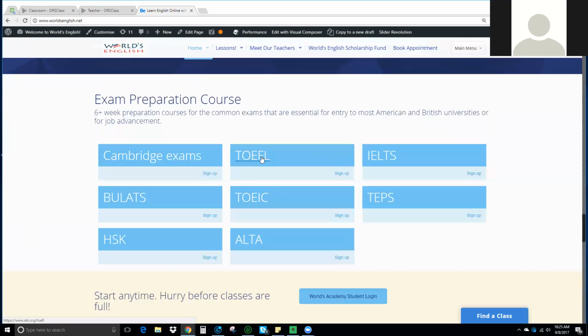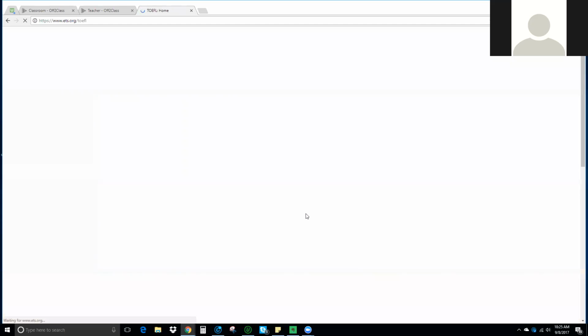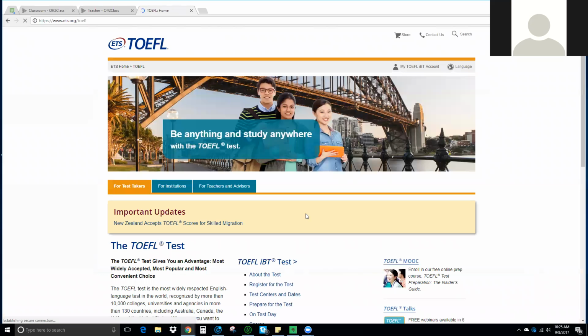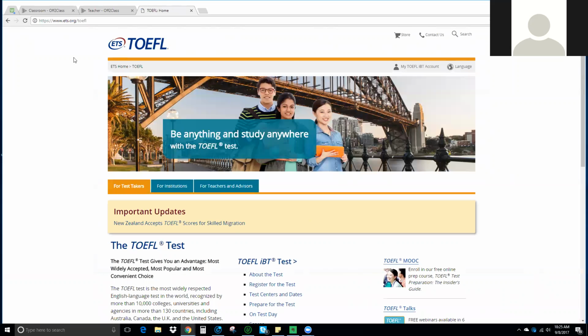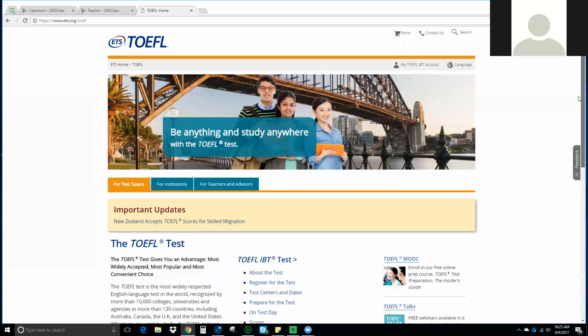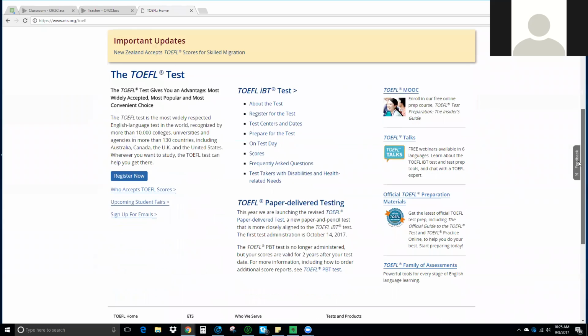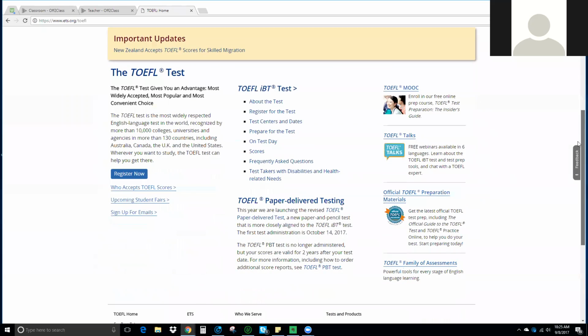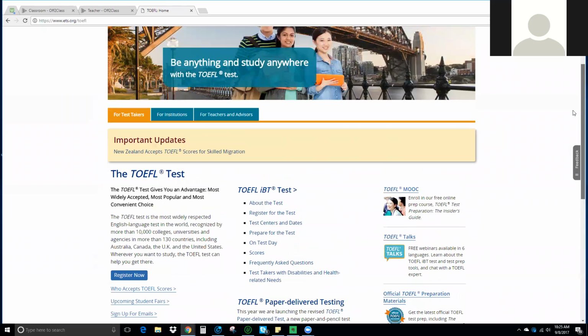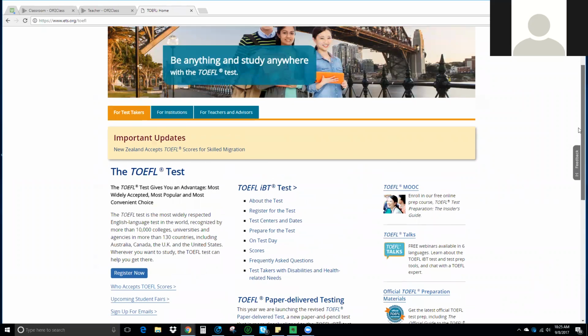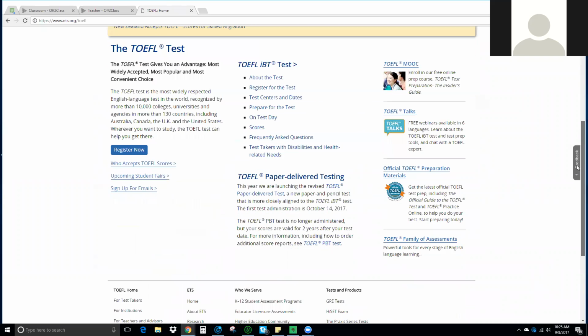And if you choose TOEFL here, you can go to the ETS TOEFL website and get all the information you need, as well as the ability to, I believe, register for the TOEFL.